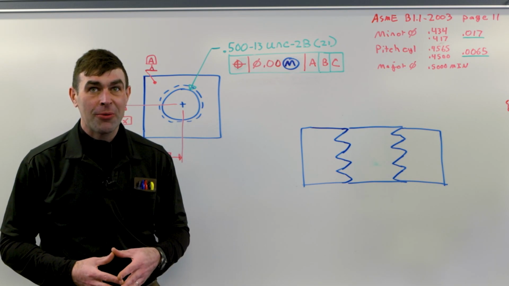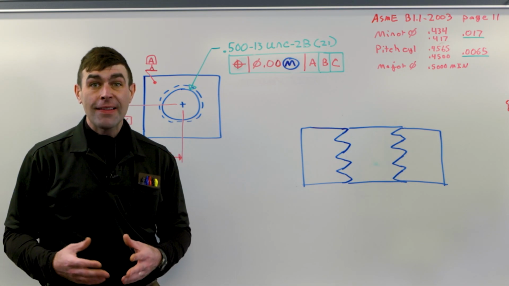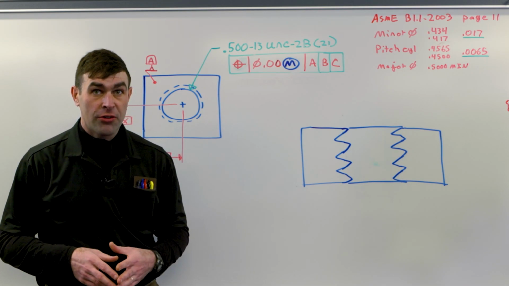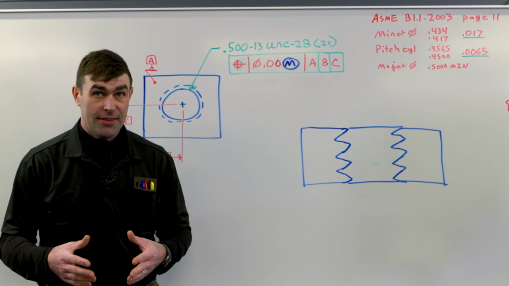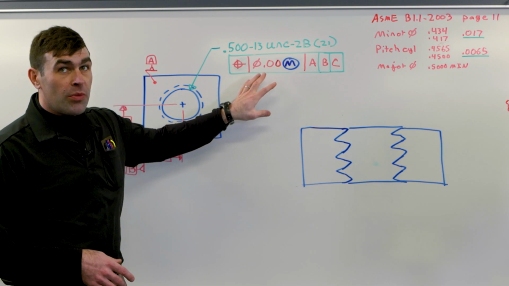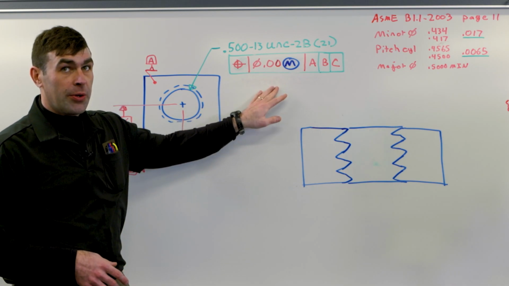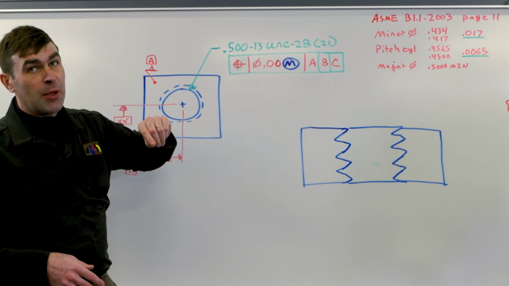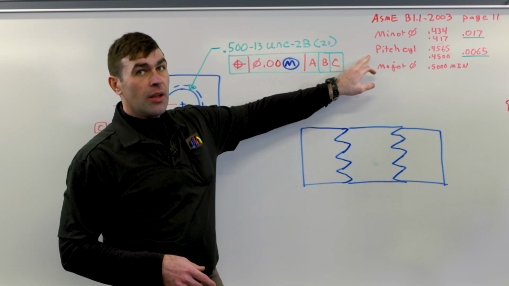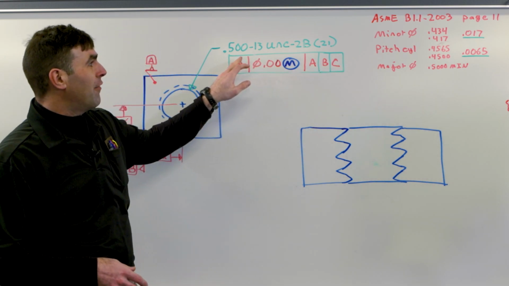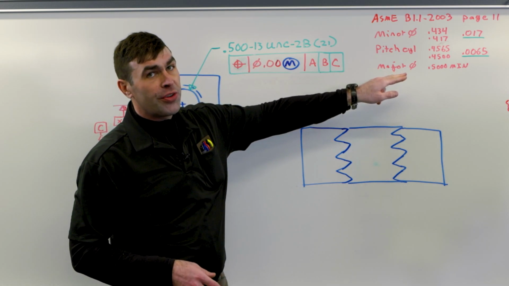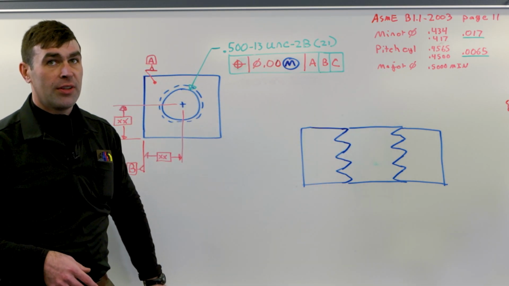I'd just like to talk about real quick what the implications are. Like a lot of things, it isn't wrong as long as you understand what the requirement is. So, 0 MMC, this applies to the pitch cylinder. If we look up in ASME B1.1, which is also in Machinery's Handbook, the pitch cylinder tolerance for a 1/2 inch 13 UNC 2B thread is a total tolerance of 6.5 thousandths.